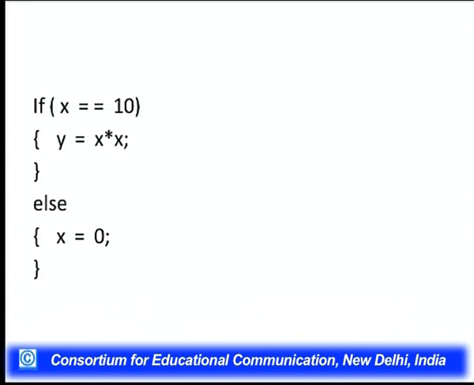So if else basically is a very important control structure, and it is one of the most commonly used control statements in any programming language, including JavaScript. So in this, one only needs to understand the use of the various operators. Like in this case, if I write, instead of x double equal to 10, if I write x single equal to 10, in that case the single equal to operator will be an assignment operator.